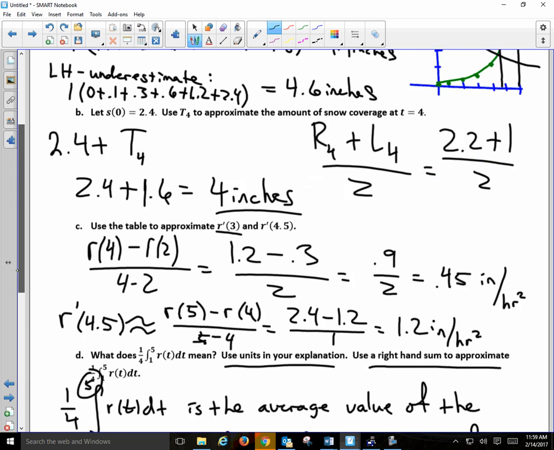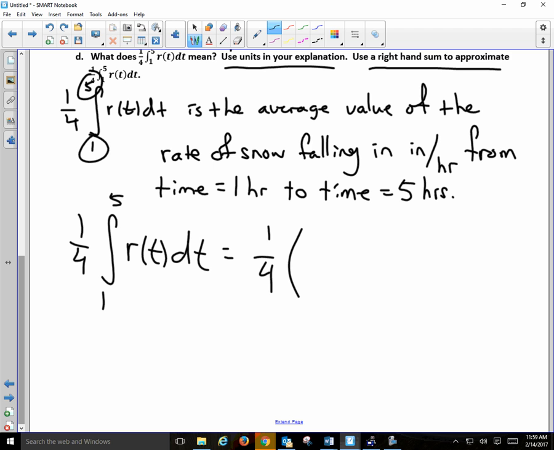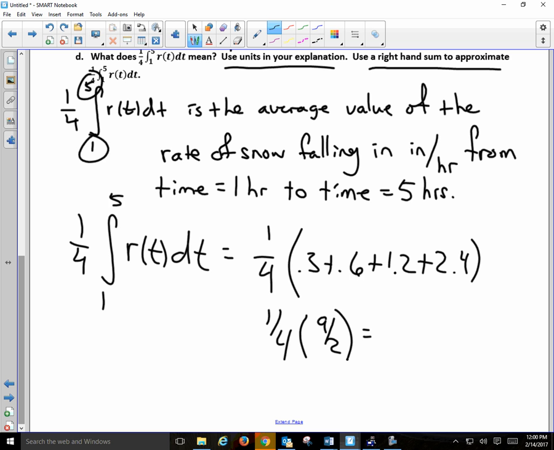So 0.3, 0.6, plus 1.2 plus 2.4. So I get 1/4 times 0.9 plus 3.6 is 4.5. Right? Or 9/2, which is 9 over 8. 1.125. And this is the average value of the rate function. So inches per hour.